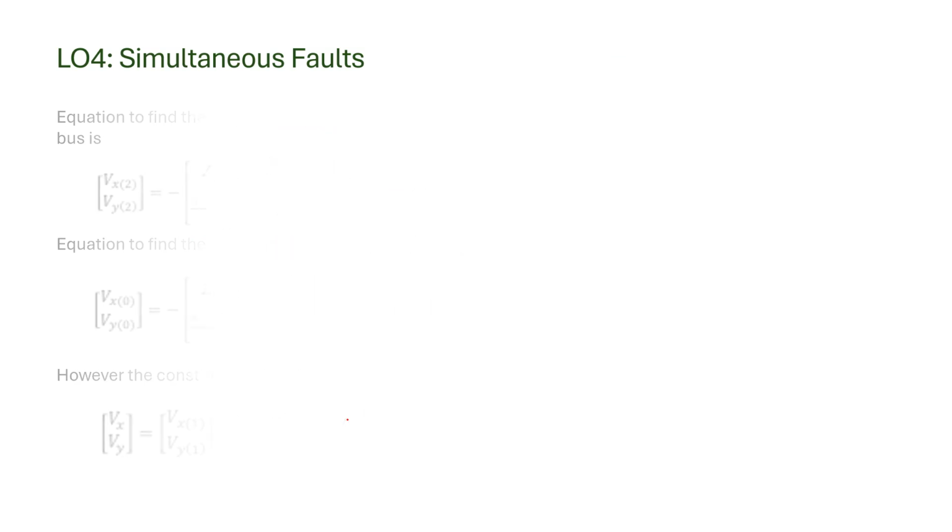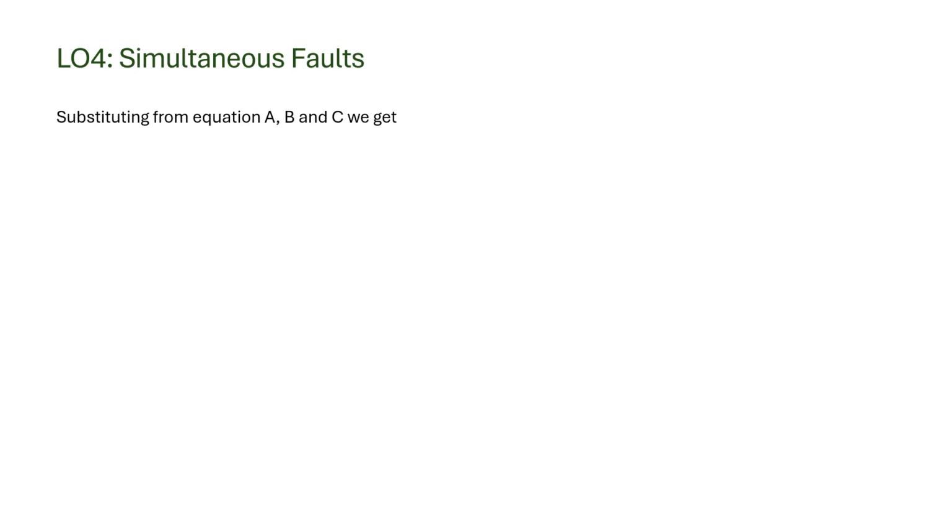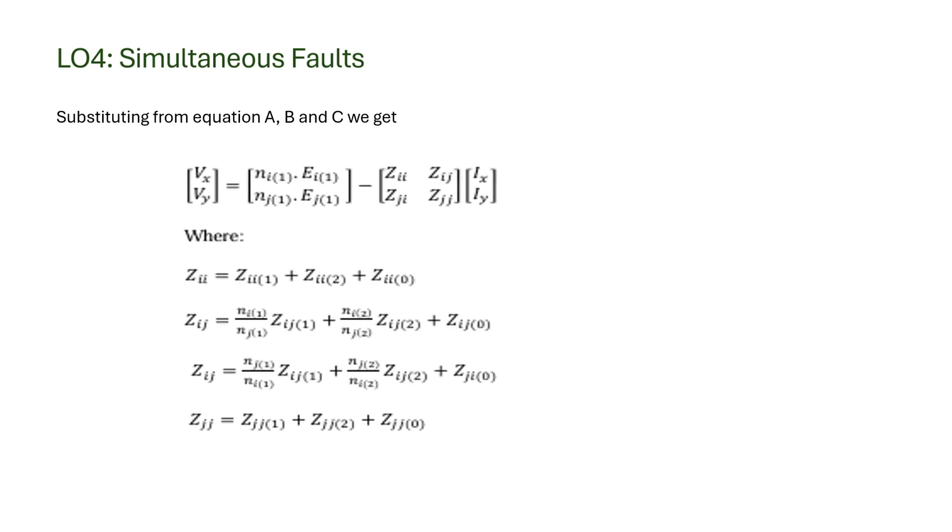So after combining all equations A, B, C, we will get the combined equation for Vx and Vi, the voltages at the ith and jth bus. After adding all the terms, we will get this. This is the complete two-port network model for the three sequence networks connected in series.